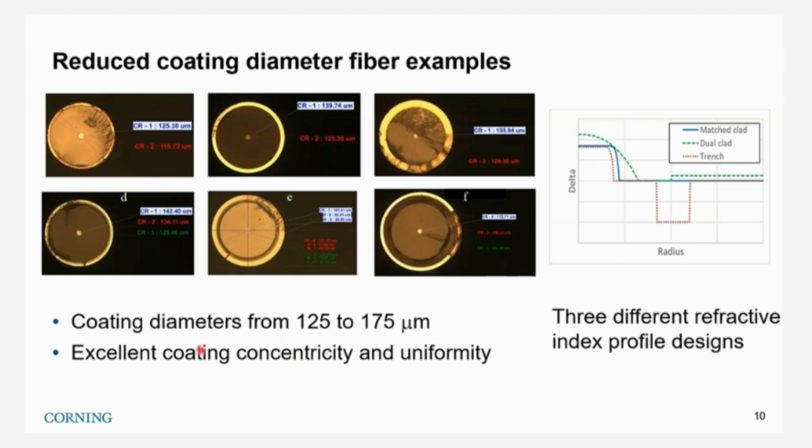So we have made reduced coating diameter fiber. As you can see in the examples shown here, we made the coating diameter from 125 to 170, 75 micron. From these pictures, you can see that the coating has very good geometry, with very good concentricity and uniformity.